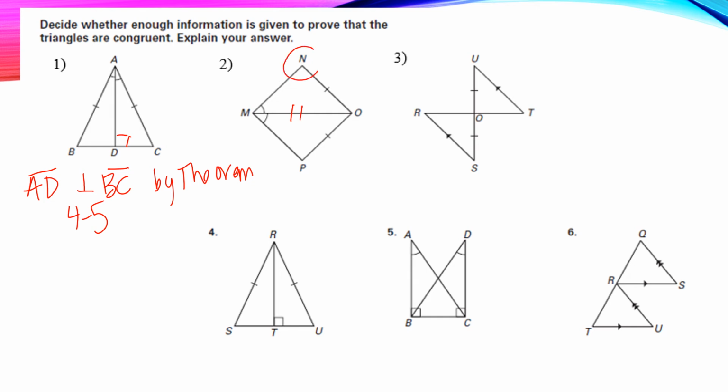We cannot prove that these two angles here are 90 degrees, so that is a no. You can say, can't prove right angle. There's no way that we are able to prove that.